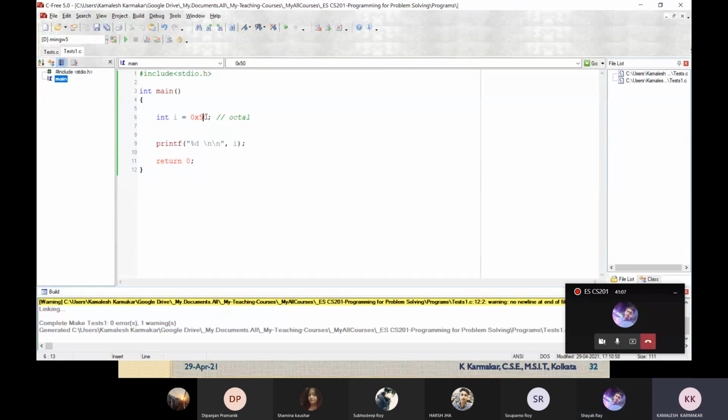Now let me write something which will be meaningful, like 50. Okay, let me write 47. Sir, put I is equal to 010. I equals 10?